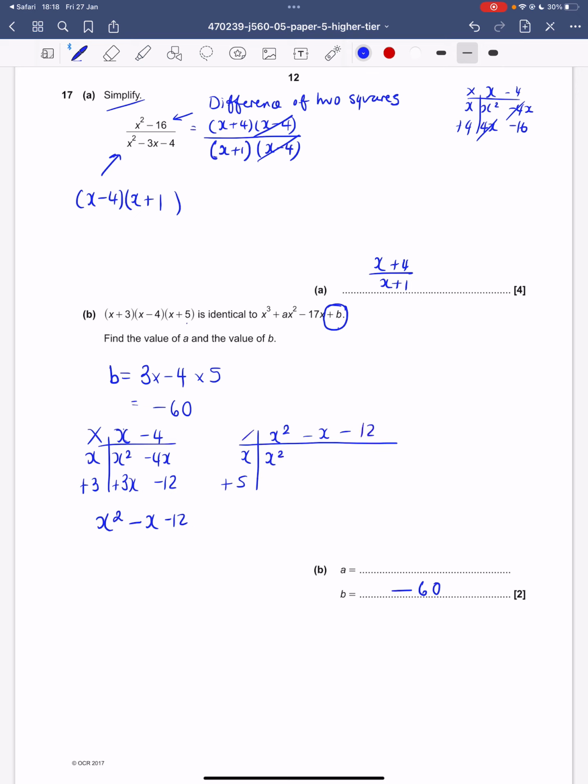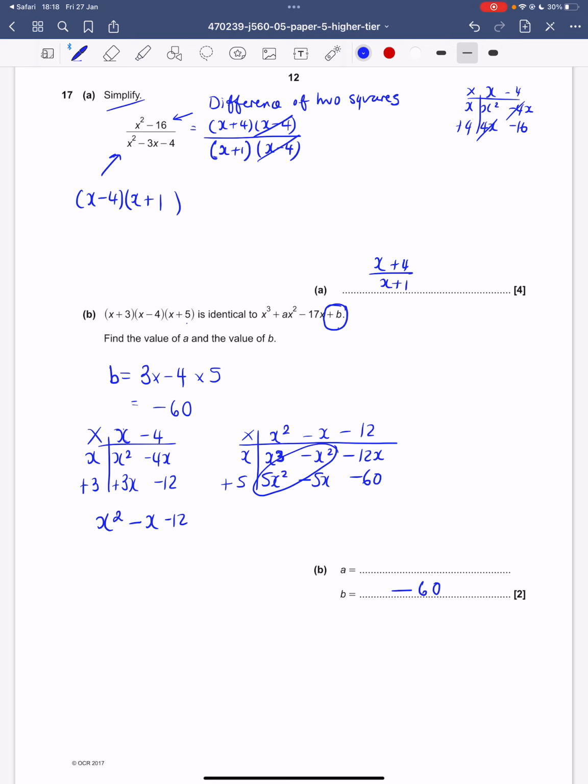X squared minus x minus 12. So there's x cubed minus x squared minus 12x. Then 5x squared minus 5x minus 60. And our x squareds are there and there.